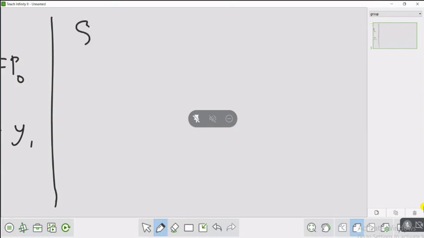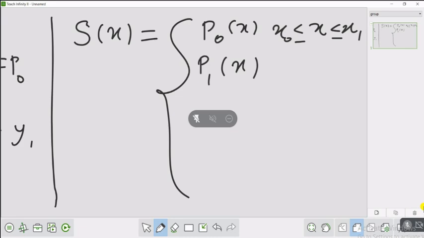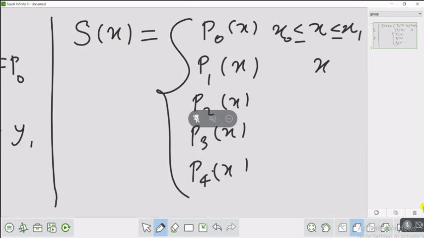So for this example, the spline S(x) is defined to be P naught x when x lies between x naught and x1. Since these are continuous, you can make equality anywhere you want. The values are not different. So what else?